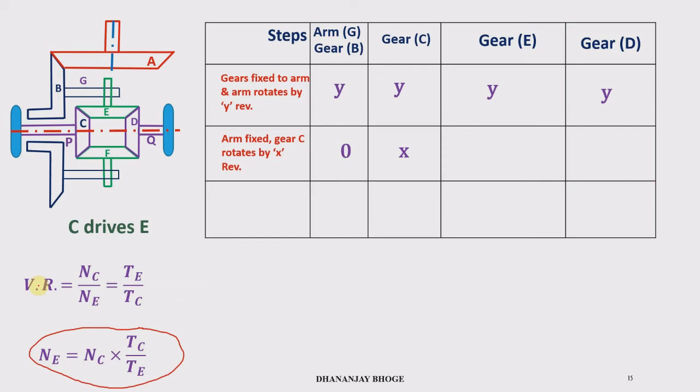We want to find Ne, so Ne to the left and all other terms to the right. We know the speed of gear C. It is X. So substitute X for Nc from the table, correct?